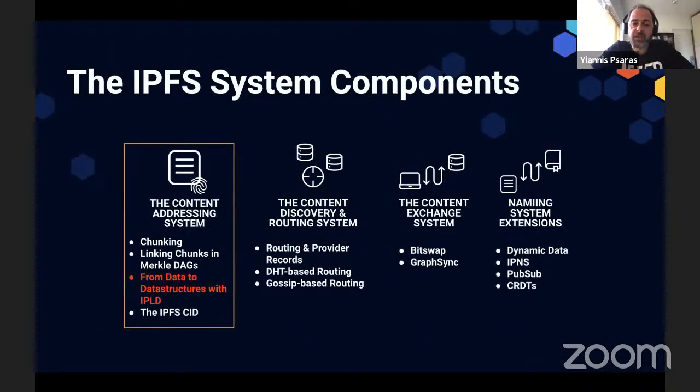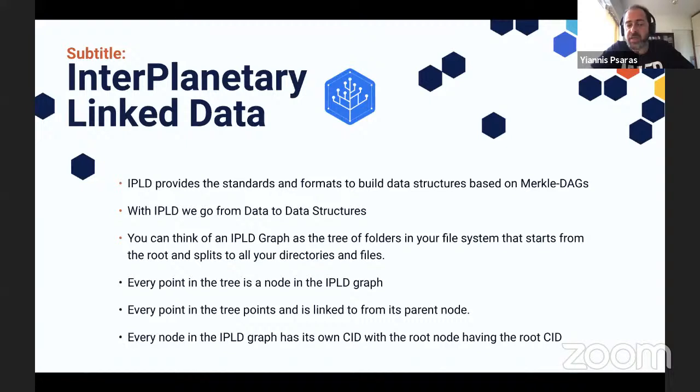Now, what helps here is what we call IPLD. IPLD stands for InterPlanetary Linked Data, and it is a project, or framework, that provides the standards and formats to build data structures in terms of the Merkle DAG that we just described.